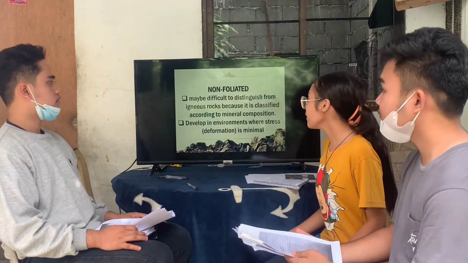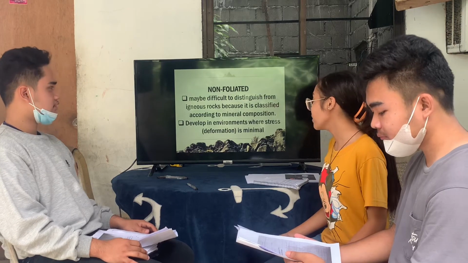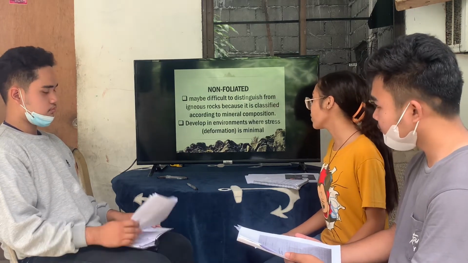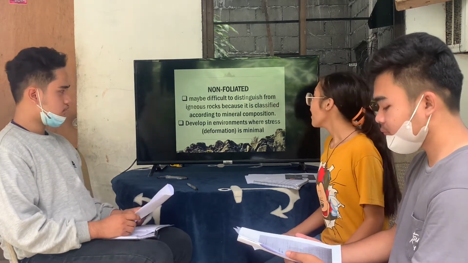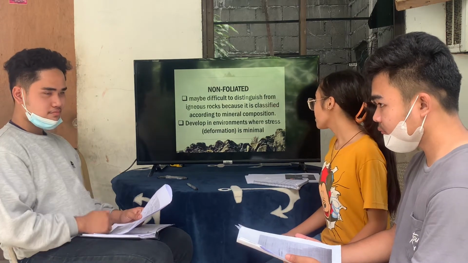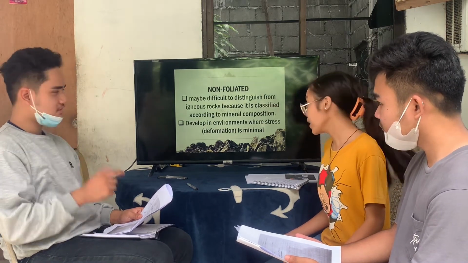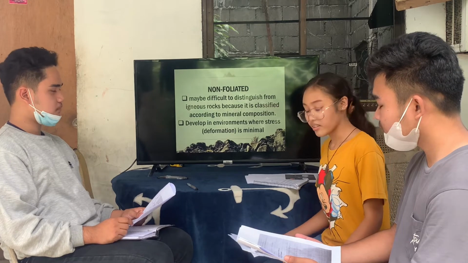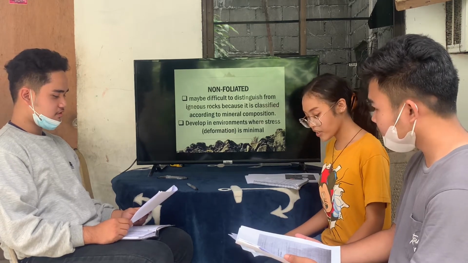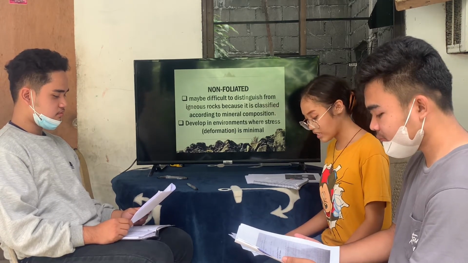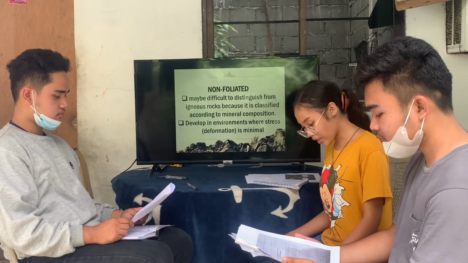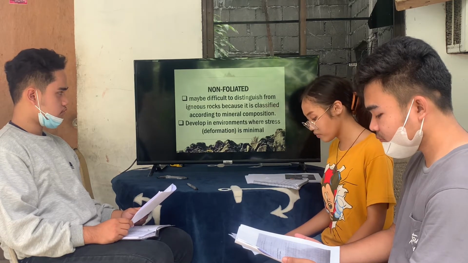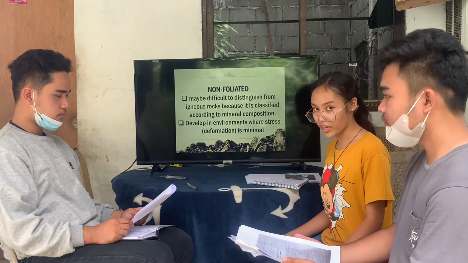Non-foliated rocks may be difficult to distinguish from igneous rocks because they are classified according to mineral composition. They develop in environments where stress or deformation is minimal. Non-foliated metamorphic rocks are formed around igneous intrusions, where the temperatures are high but the pressures are relatively low and equal in all directions.